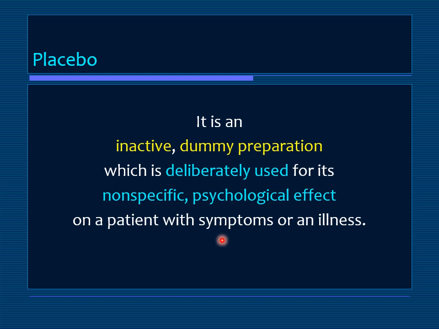The patient has the impression that he or she is getting some drug, and if it is a psychological problem, the patient will get relief due to a simple injection of distilled water. So, placebo.